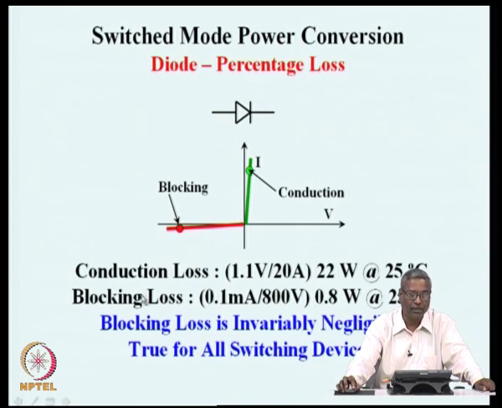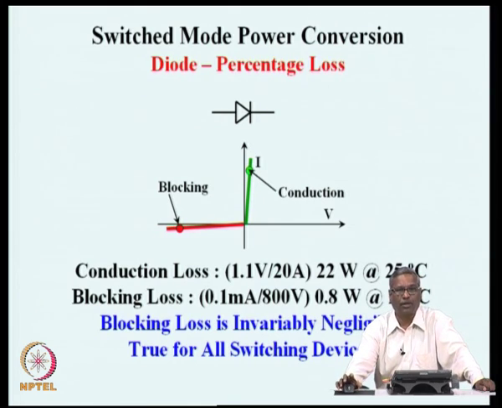So, roughly the blocking loss in almost all types of switches will be definitely a few orders of magnitude less than the conduction loss. In many cases, blocking loss is invariably totally negligible in comparison with conduction loss. So, we will consider almost all the switches to be almost ideal in blocking and a little less than ideal in conduction.